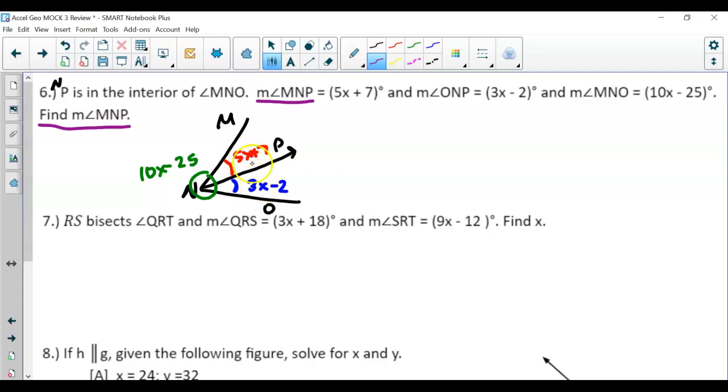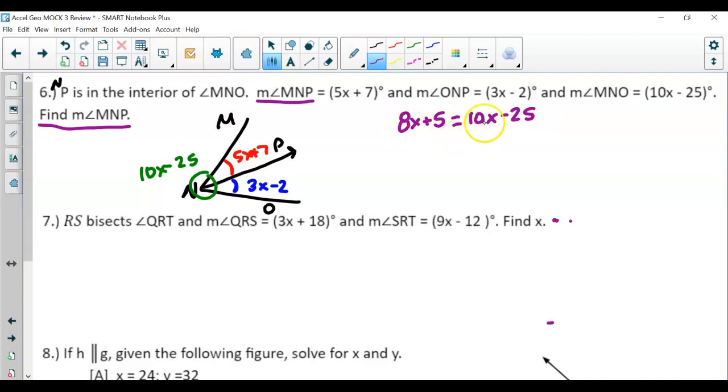Notice here, are they equal to each other? No, because this was not an angle bisector, but they do add together to equal the whole, which is 10x minus 25. So 8x plus 5 here, right, from combining like terms, is equal to 10x minus 25.